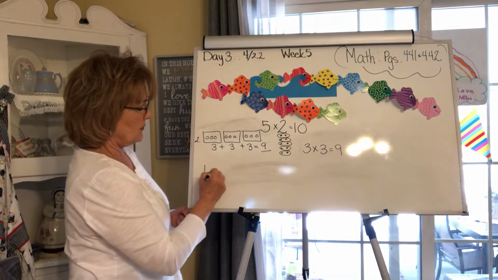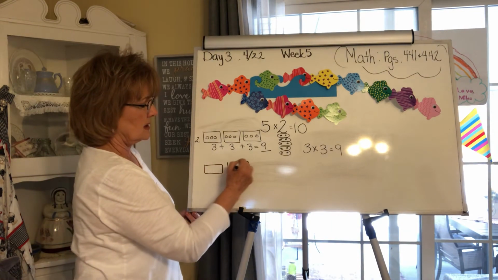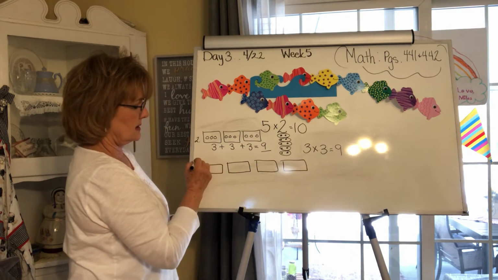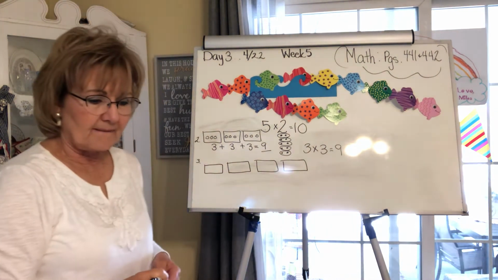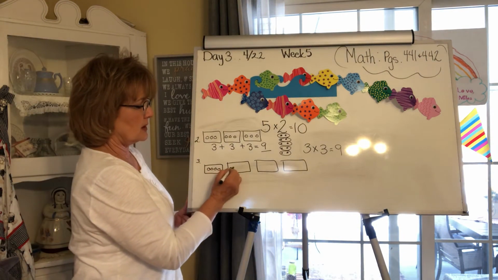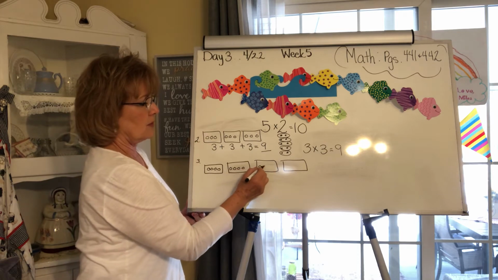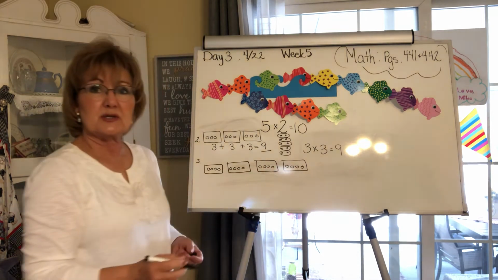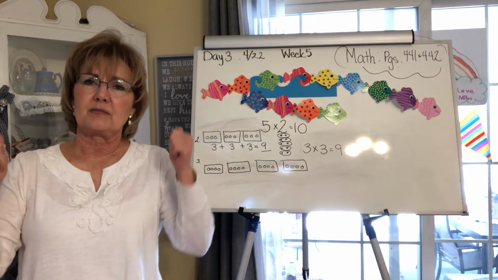Okay, here we've got 4 groups of 4. That's handy dandy. So give yourself 4 groups. If I'm going too fast, of course, you have the luxury of pausing me.